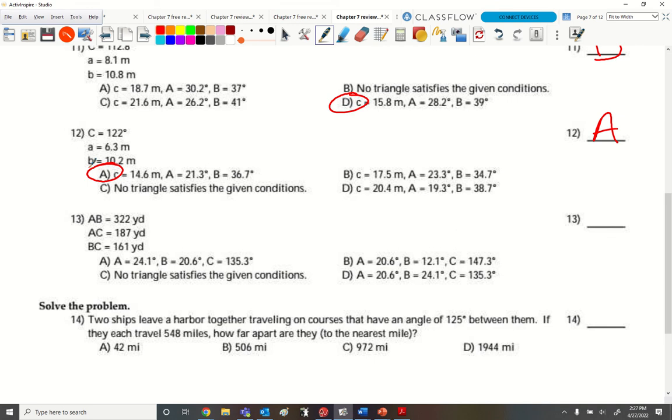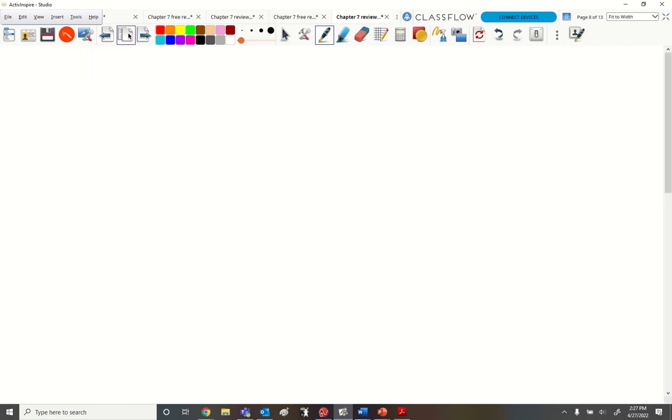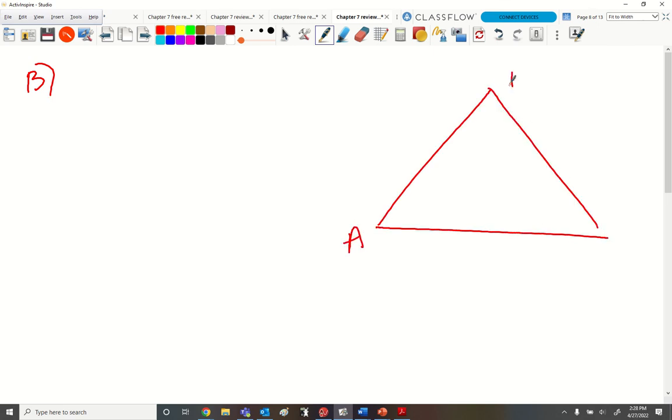Again, we're going to go through, draw our triangle. But these are all line segments. So AB, 322, AC, 187, and BC, 161.